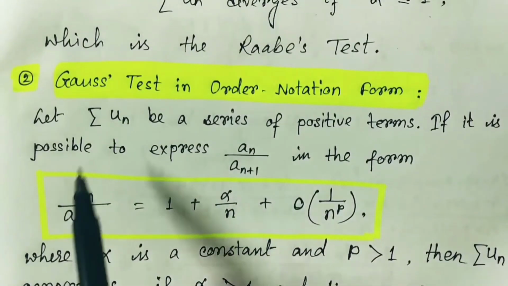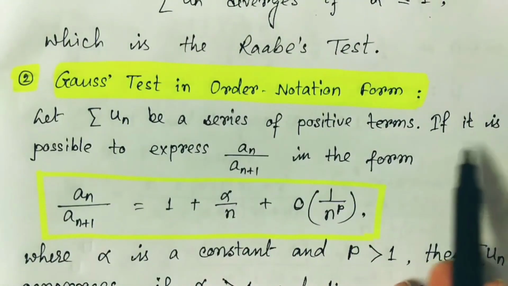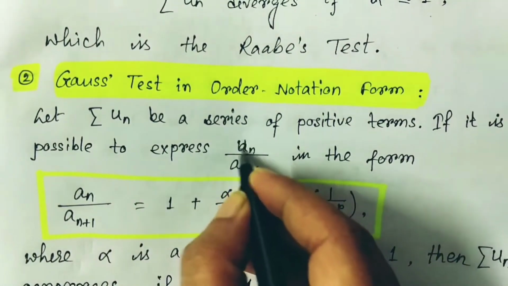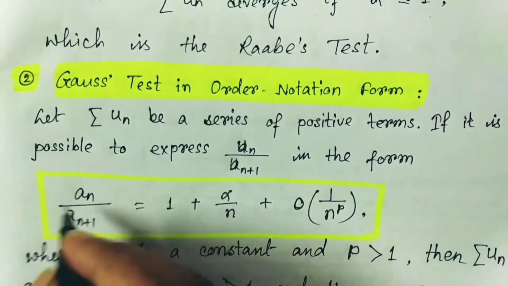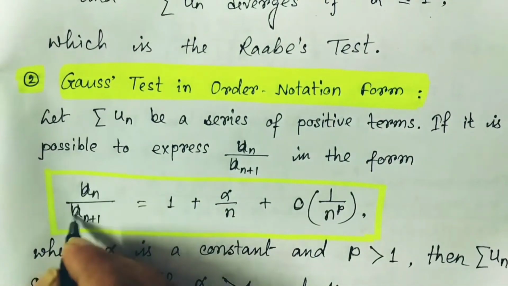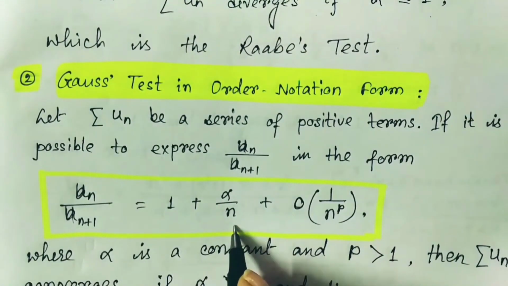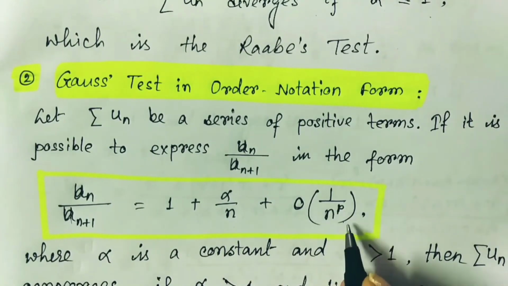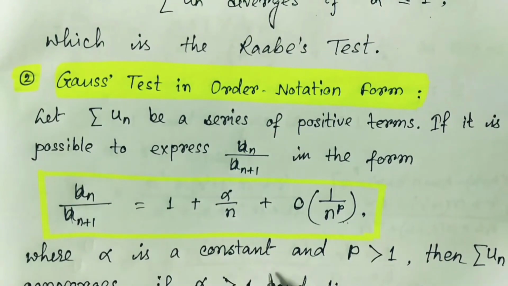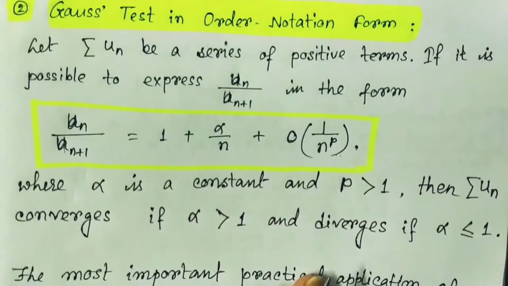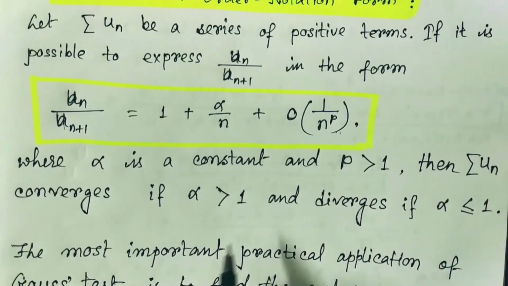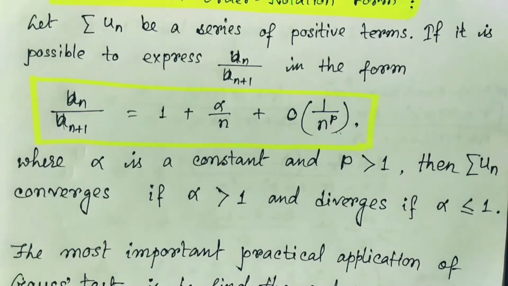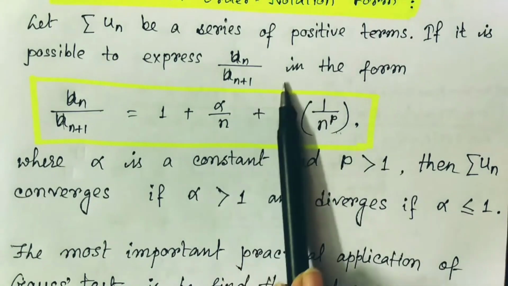If un is a series of positive terms and if it is possible to express un by un plus 1 in the form un divided by un plus 1 is equal to 1 plus alpha by n plus some order of 1 by n to the power p, where alpha is a constant and p greater than 1, then the given series converges if alpha is greater than 1 and diverges if alpha is less than or equal to 1. Actually what happened, in the Raabe's test we entirely omit this last term.